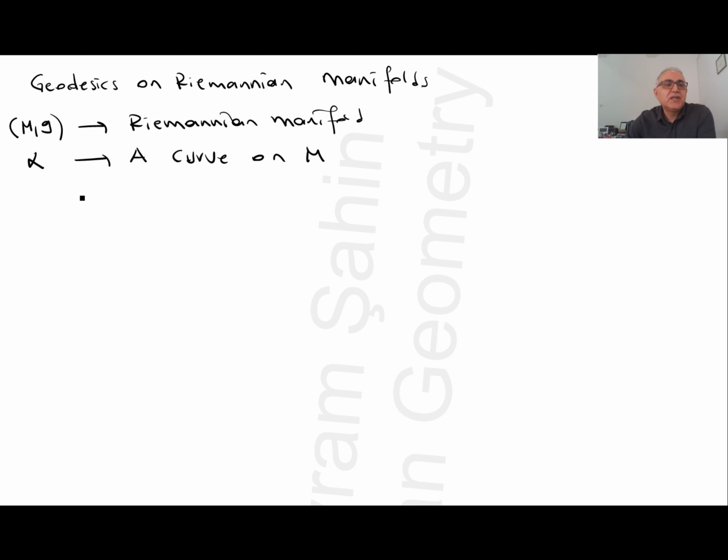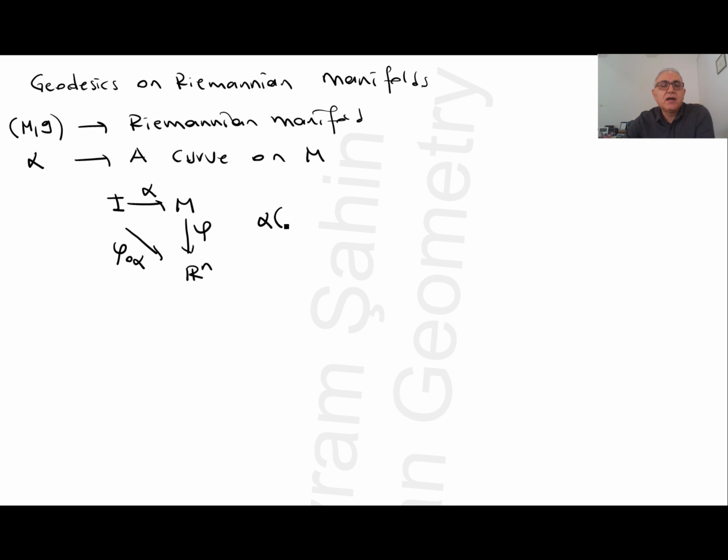Of course, it's important to mention the representation of this curve. So if you have, let's say, alpha from I to M as a curve, and we have a parameterization for the manifold, into R^n, let's say this phi. So we have phi composed with alpha.